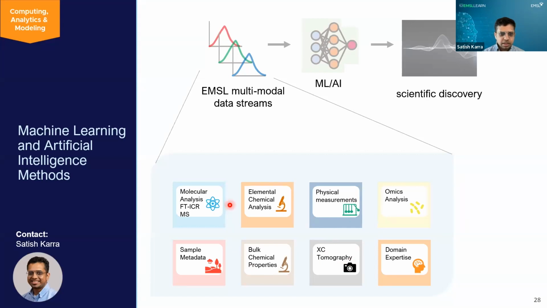All right, so the first aspect is that we are seeking AI and ML methods to mine information from EMSL instrument data. What I'm highlighting here is we have a series of experimental instruments, including the ones that Odeta and Alex have highlighted in the previous parts of the presentation. So we are seeking ML and AI techniques that will help us mine information from these instruments, use multimodal data streams towards scientific discovery, help co-register spatial data from these instruments, and so on.